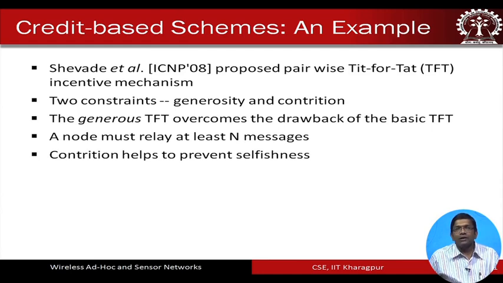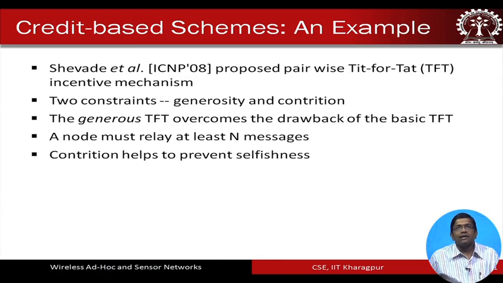Issue of generosity and contrition. Generosity means that in certain cases, it is not that A will not forward any message of B if B is not doing the same, but maybe n number of messages will be generously forwarded even if B does not forward any of the messages of A. So, generosity TFT is one of these schemes. The other is contrition.